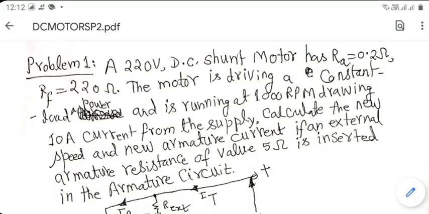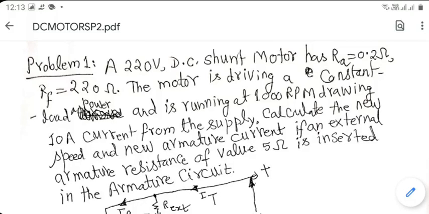The motor is driving a constant load power. That means the mechanical output power is constant. Okay. And it's running at 1000 RPM, drawing 10 amperes current from the supply. So IT is 10 amperes, VT is 220 volts, RF and RA are also given, N is 1000.